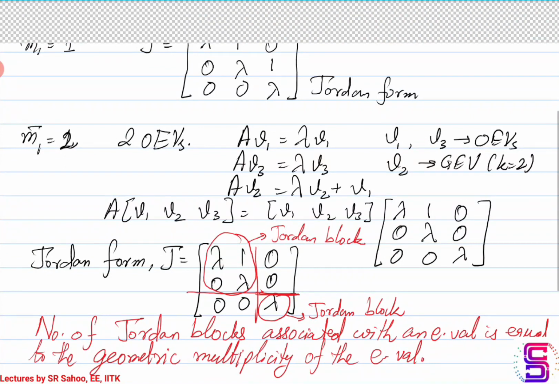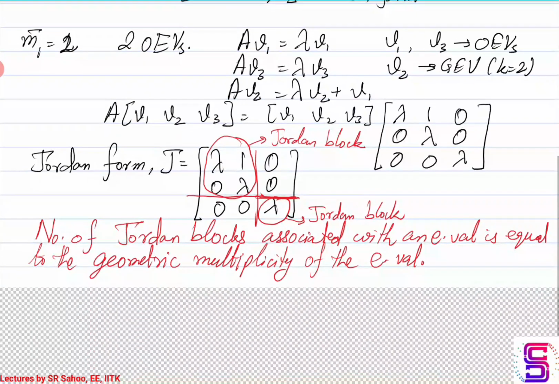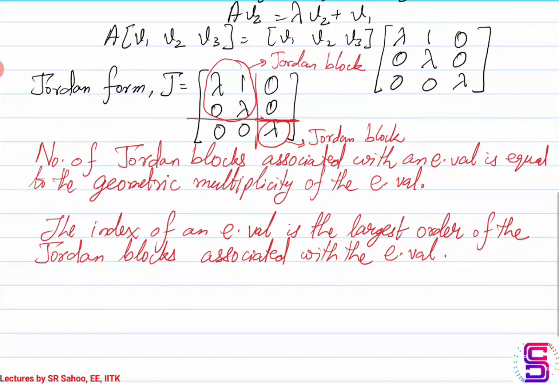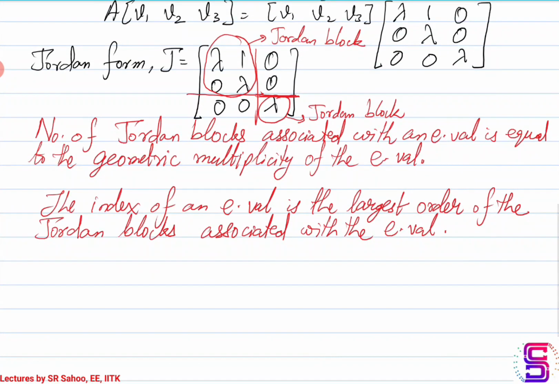The index of the eigenvalue and the number of Jordan blocks need not be the same. For M1 bar equal to 1, we had one Jordan block but index 3. For M1 bar equal to 2, you have two Jordan blocks with the index of the eigenvalue being 2.